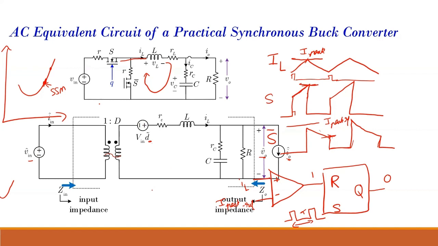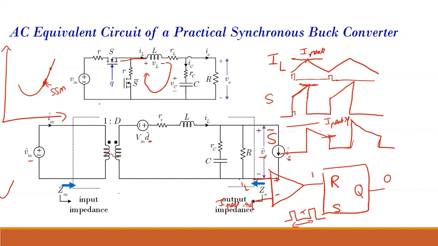AC in the sense alternating, it is like a perturbed quantity. That's why. So when we do these modeling techniques, small signal modeling, etc., when we go for frequency response, we are applying an AC perturbation. So probably because of that, they are saying AC equivalent model.